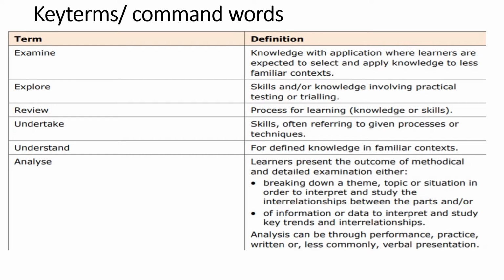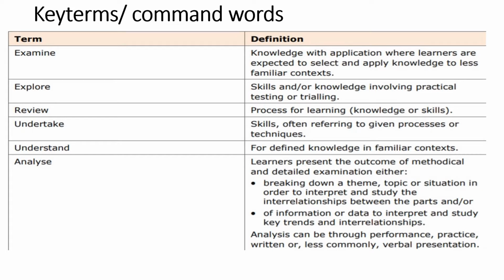So for instance, here, analyse is learners will present the outcome of methodical and detailed examination, either by breaking down a topic or a theme in order to interpret and study the relationships between the parts. So if we were asked to do that for the musculoskeletal system, it may be analysing the effect of a musculoskeletal system on the day-to-day life of a person.